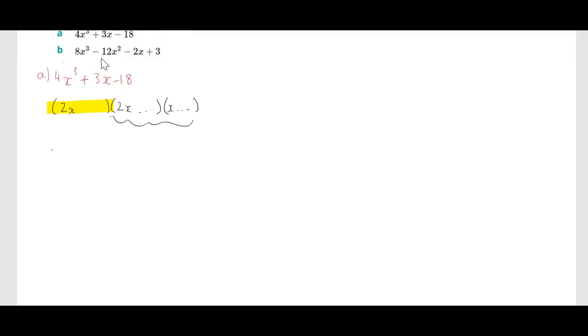So we know that 2x plus alpha is a factor. The problem is we need to work out what alpha is. In doing so, we need to look for different values, factors of -18.